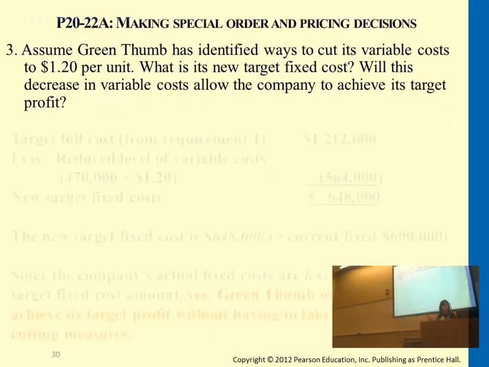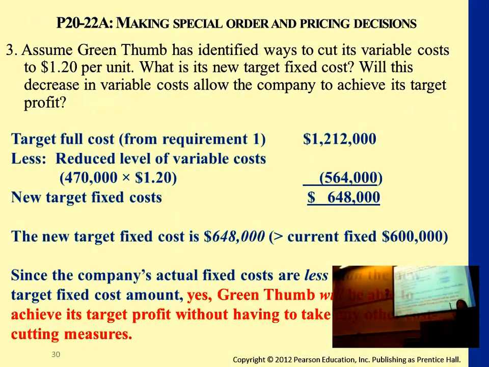And then the third question, if we reduce variable costs, are we now able to meet the target cost? Do we have to reduce our fixed cost further? So from this example, we went over at the end that our fixed cost is good because the remaining $600,000 is less than the target cost now. We're able to actually meet our desired profit if we reduce variable costs to $1.20.